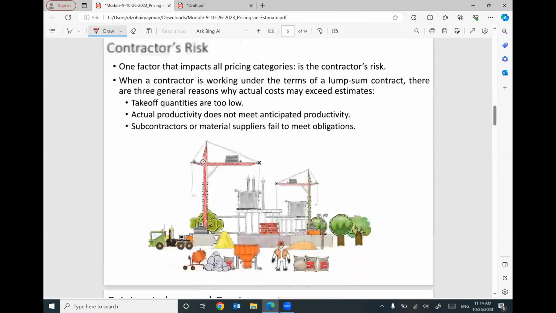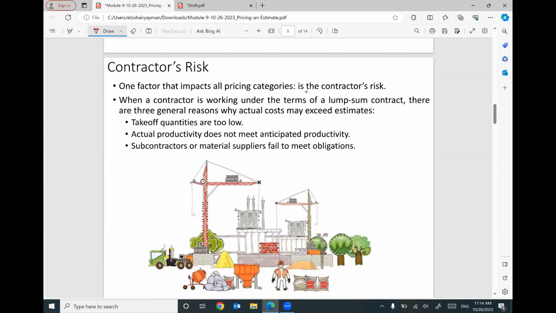Also, there is another factor that should be considered. The process is more complicated. I would like only to give you general information about what's going on. We have the contractor's risk. Risk, yeah, because this process is variable.